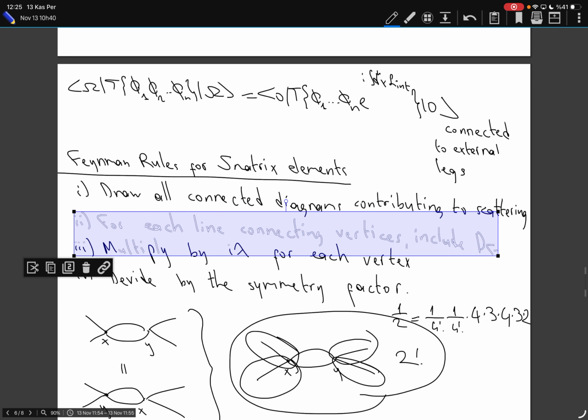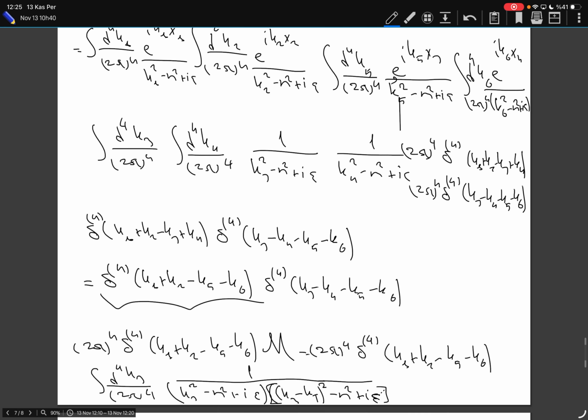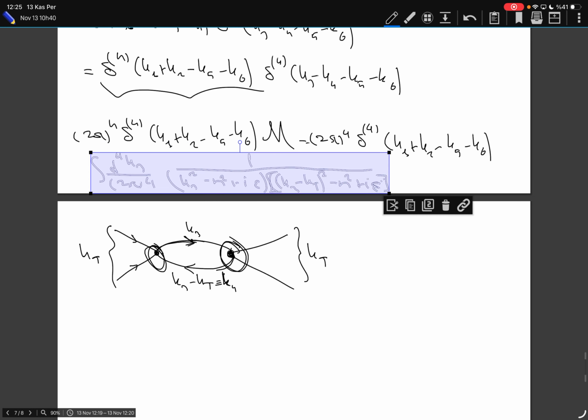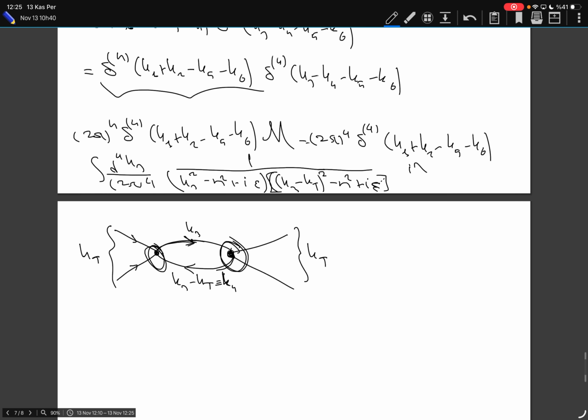And if there are any momenta that are not determined by your external momenta, include an integral over that momentum. And that will just basically give you this expression straight away, with (i lambda) squared over 2. i lambda is from each vertex, 2 is the symmetry factor.